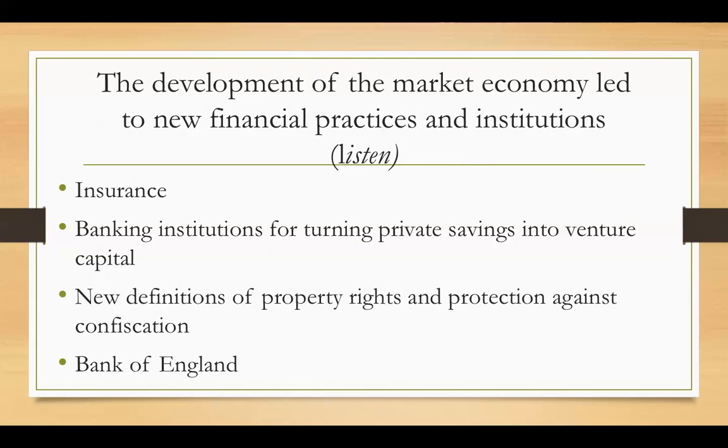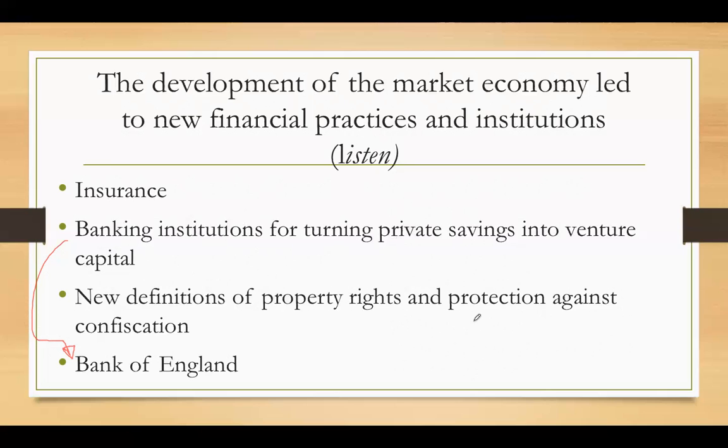And banking institutions have already existed. I mean, we had our early private banks in Florence and in other areas. But eventually, and that's this Bank of England thing down here, all right, not only do we get more banks, and banks are being used more frequently to turn private savings into venture capital.